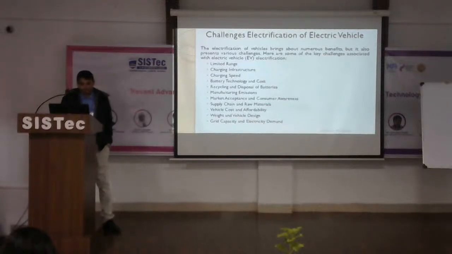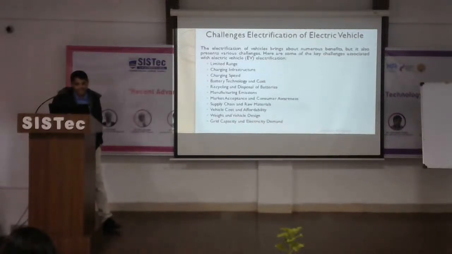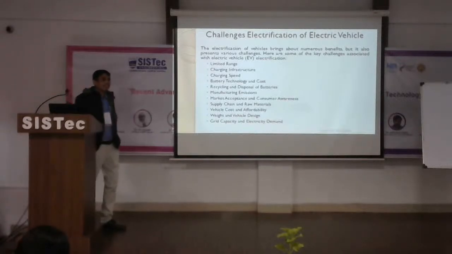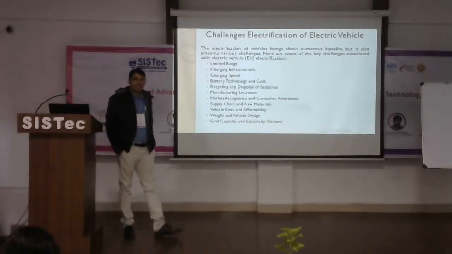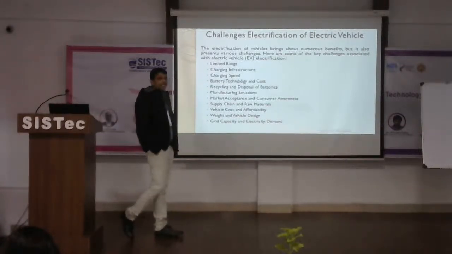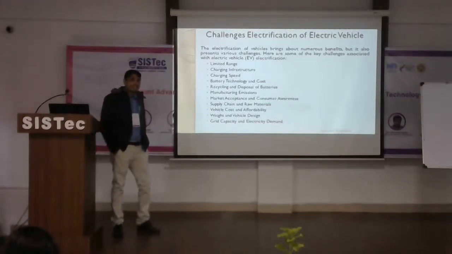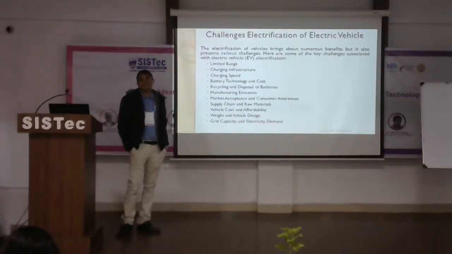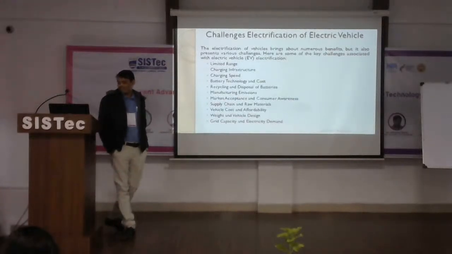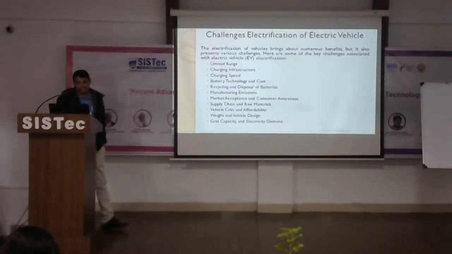And weight and vehicle design. Okay, so definitely the primary source we are taking from the battery, and if you are increasing the capacity of the battery, the size will also increase. Okay, and when size increases, definitely the weight will increase. Okay, so that is the thing with the electric vehicle design.